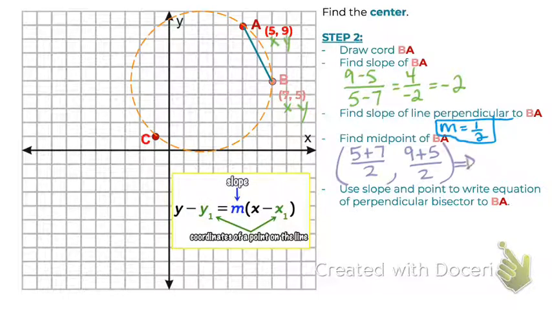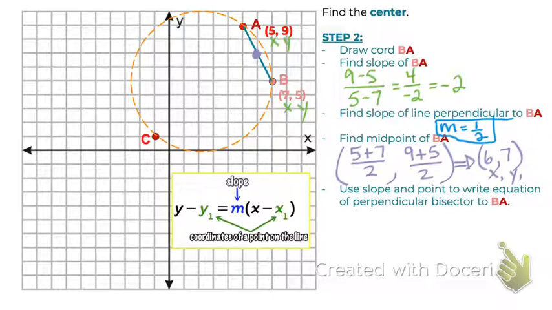So let's simplify that. 5 plus 7 is 12 divided by 2 is 6. 9 plus 5 is 14 divided by 2 is 7. So this is my x and my y point on my line. If we go over 6, up 7, we see that is my midpoint of the chord AB.